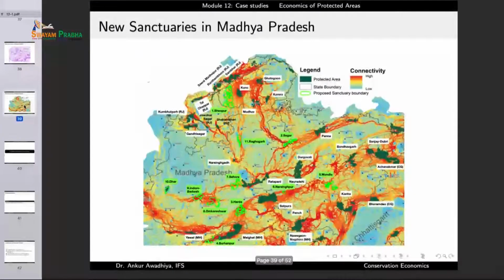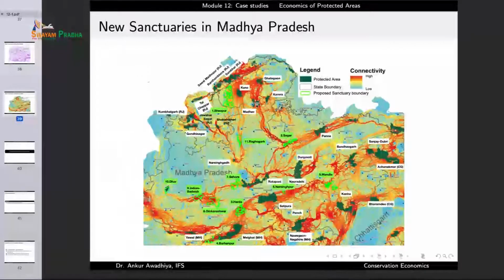Then through a gap analysis, we can look at those areas where you already have the reserves and make reserves in those areas that are away from these. And when we try to maintain the connections, suppose you consider this reserve and this reserve. So here you have the Madhav National Park and here you have the Panna Tiger Reserve.